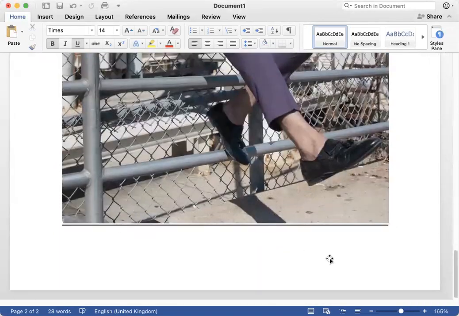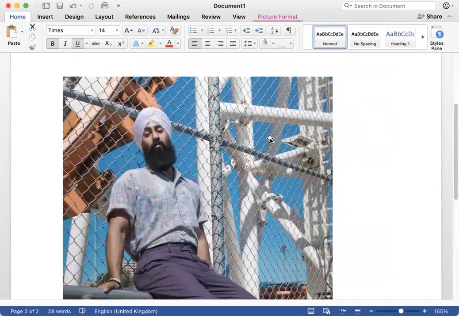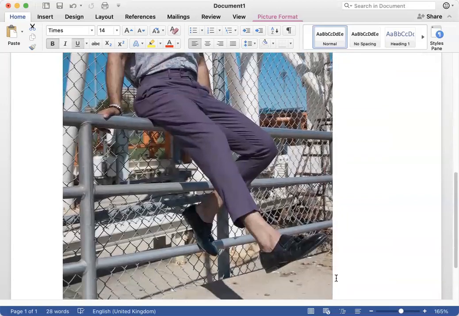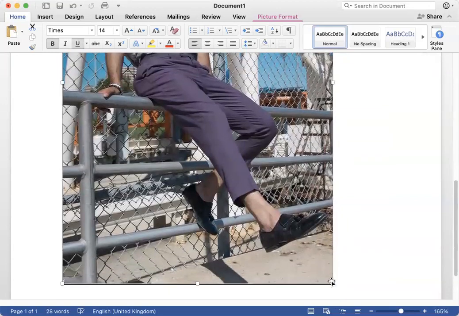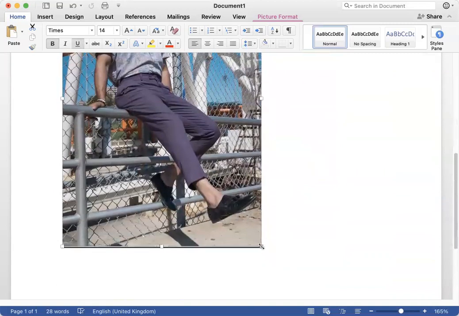I'll just make it smaller. A little more, yeah. Maybe a little more, yeah.